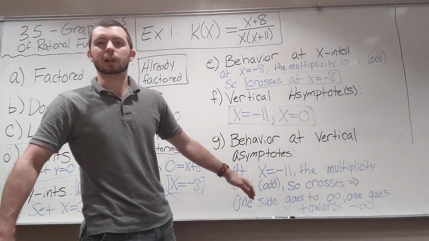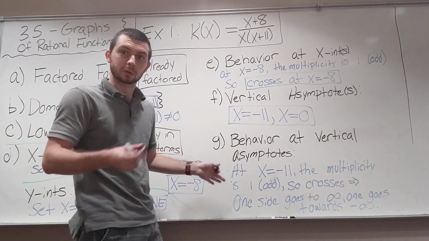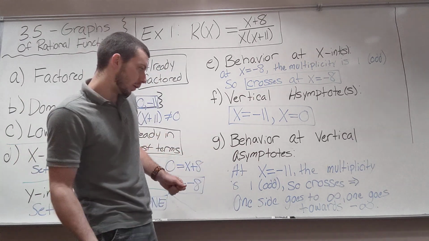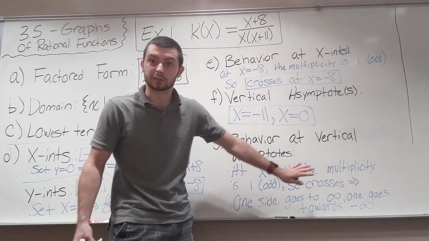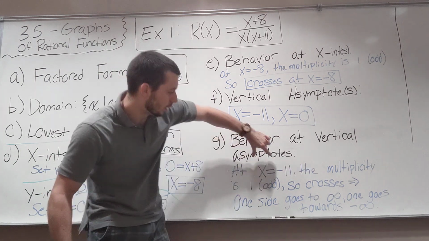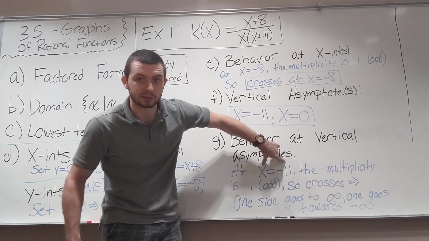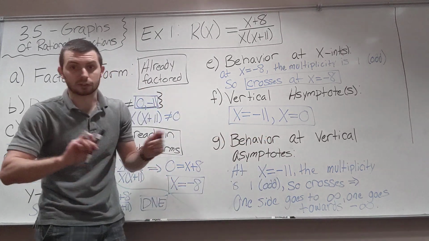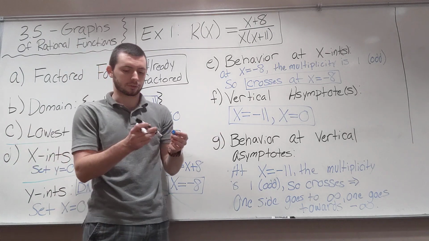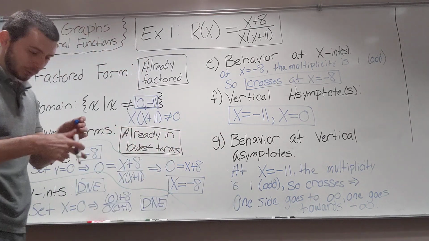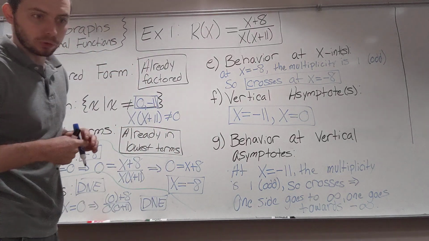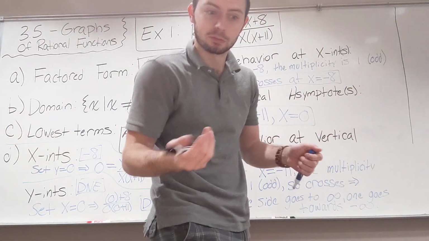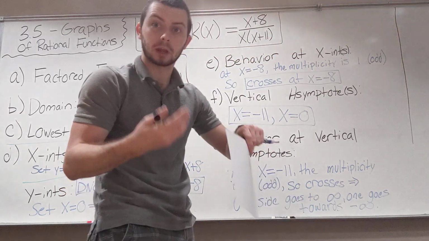So I'm out of room and I'm not going to write it, but the x is equal to 0 part is the same exact conclusion, except you just replace this part right here with x is equal to 0. And that's the only difference there. So I will let all of you write that down, and as I mentioned, there's 12 parts, so I'm going to move on to part H.